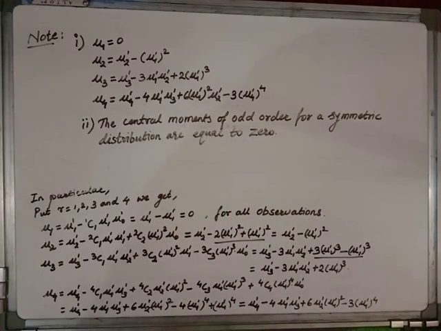They are always 0. Now let us see an example, and later on we have to see the Pearsonian coefficients to measure skewness and kurtosis using moments.